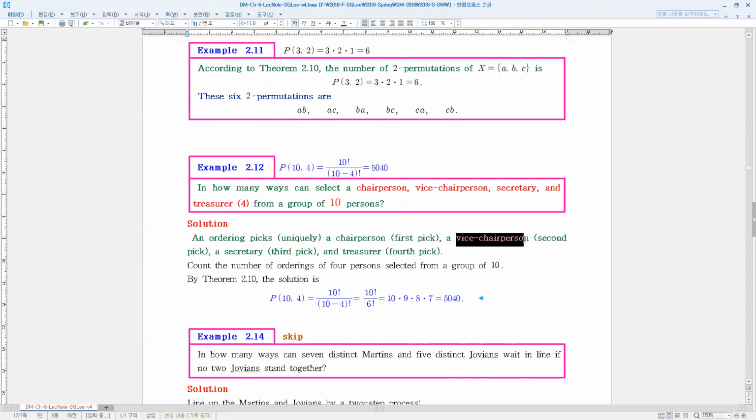Next, we choose a vice chairperson from the 9 persons left, and then choose a secretary from the 8 persons left, and then choose the last one, the treasurer, from the remaining 7. So we have the product of these 4 numbers, which is 5040. This is also the same as 10 factorial over 10 minus 4, which is R here, factorial, which gives the same number.